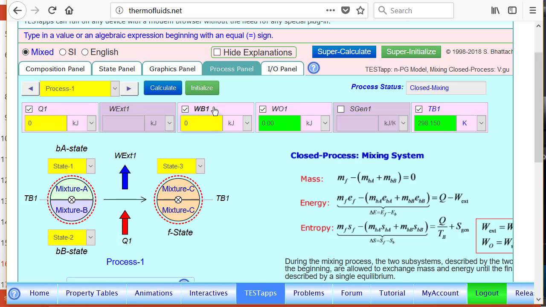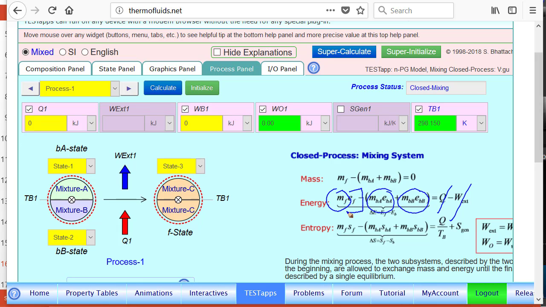The system doesn't change its volume, and other types of work, which are electrical and shaft, are 0. So now the energy equation can be solved because Q is 0, W is 0. These terms are known, and even the final mass is known. So the final specific energy can be calculated and posted back in state 3.